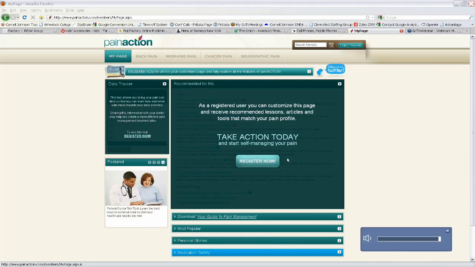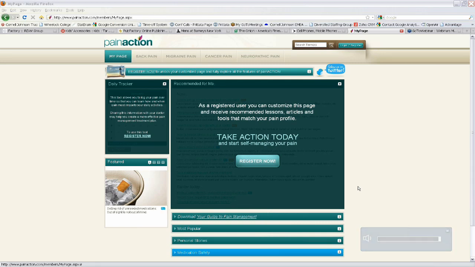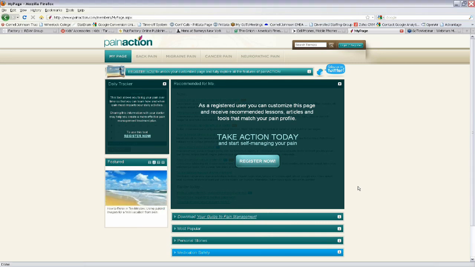So I'm going to look at one other example. Register now. And the reason I brought this one up is because, again, it goes back to the issue of collecting data about who's visiting your site and why. This site is a site for people living with pain. It's a healthcare site.